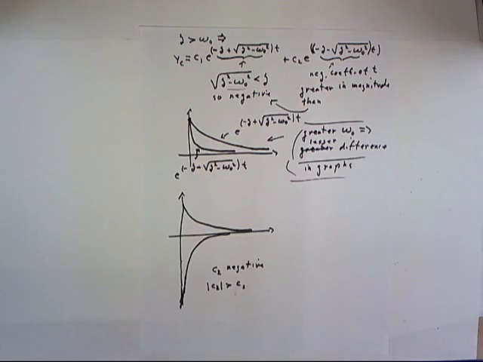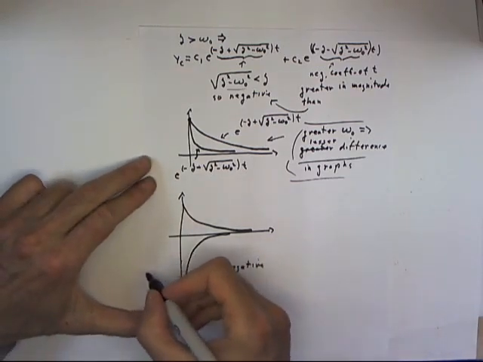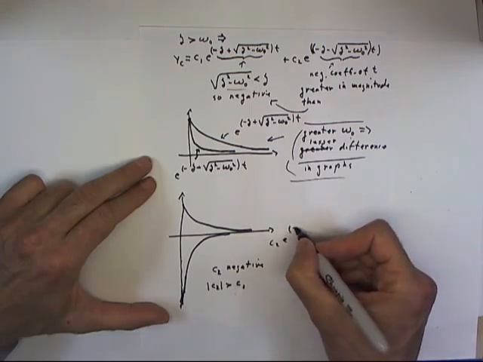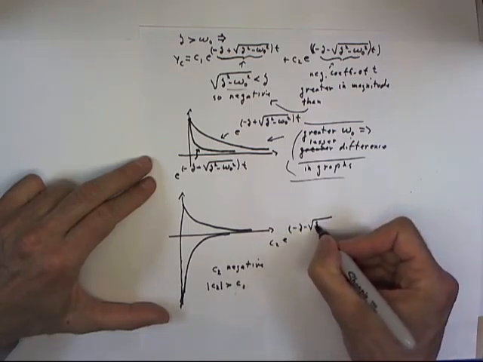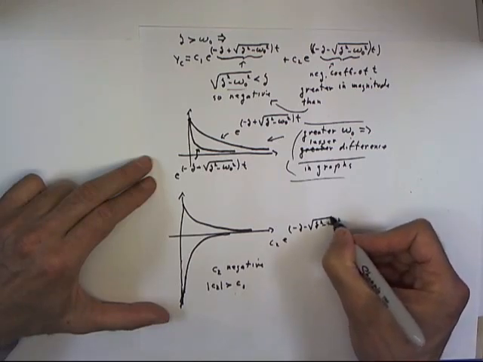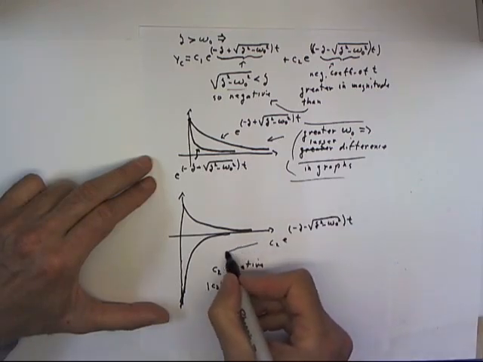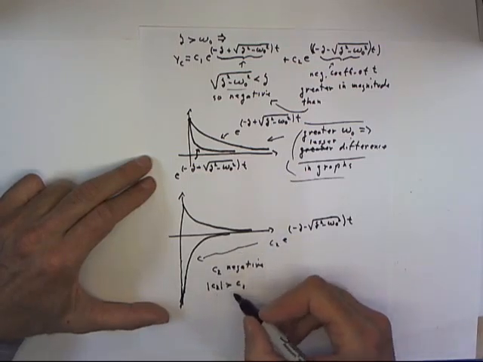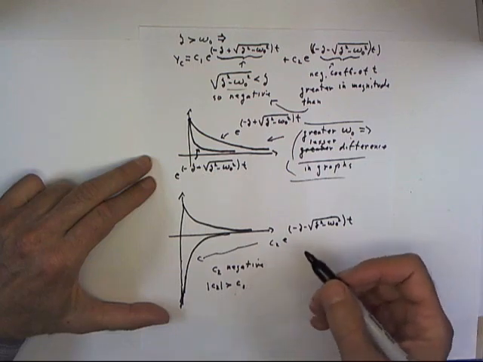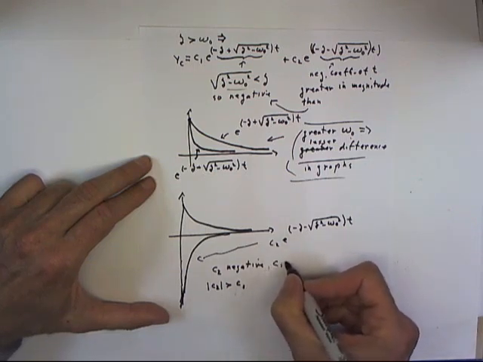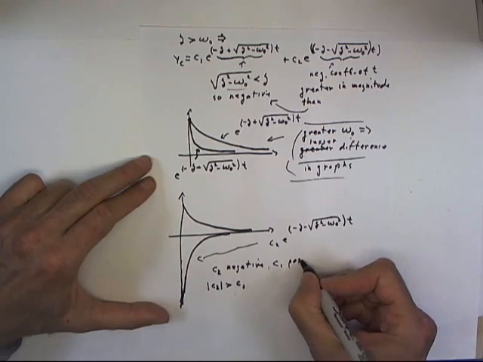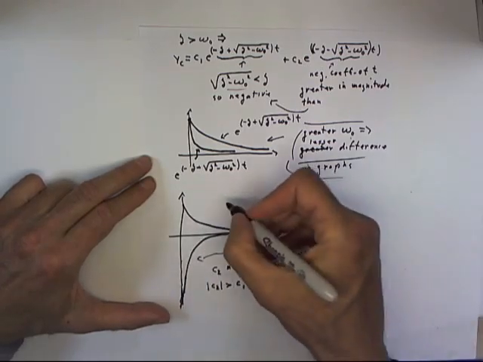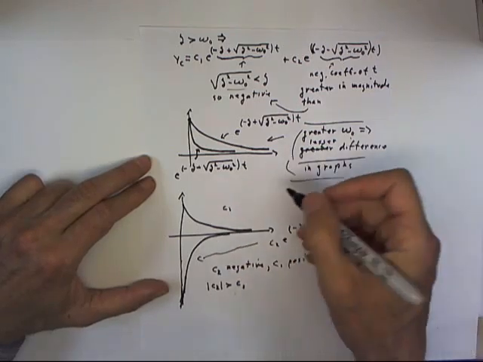So this would be the graph of C2 e to the negative delta minus the square root of delta squared minus omega naught squared quantity times t. And assuming that the magnitude of C2 is bigger than C1, and let's specify that C1 is positive. That might be implicit from the graph, but let's write it down very clearly.